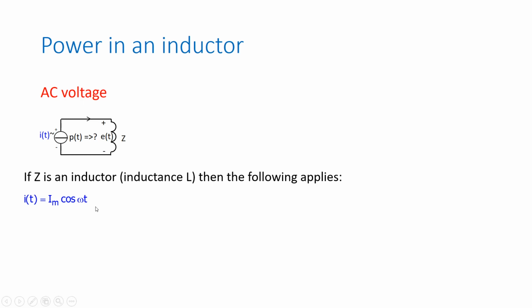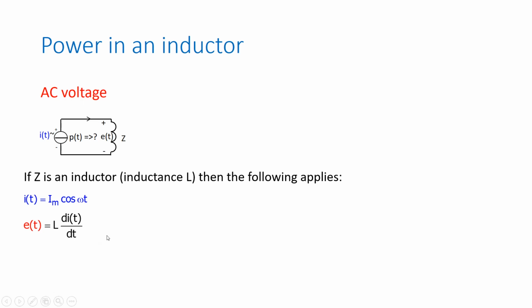Well, when that is the case and we want to look at the voltage across the inductor, we can apply this formula which says that the voltage across the inductor is equal to the inductance value times the derivative of the current. So E is L times di/dt.